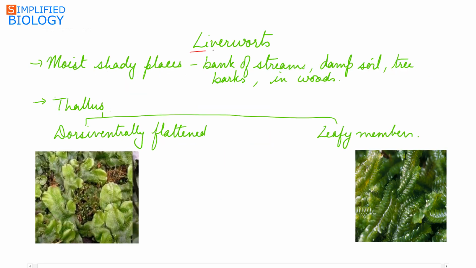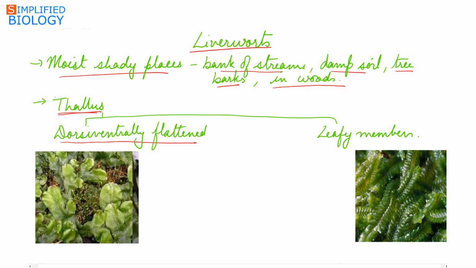Liverworts, or the lower bryophytes, are found growing in moist, shady places like banks of streams, damp soil, tree barks, and deep inside the woods. In most liverworts, the thallus is dorsiventrally flattened.